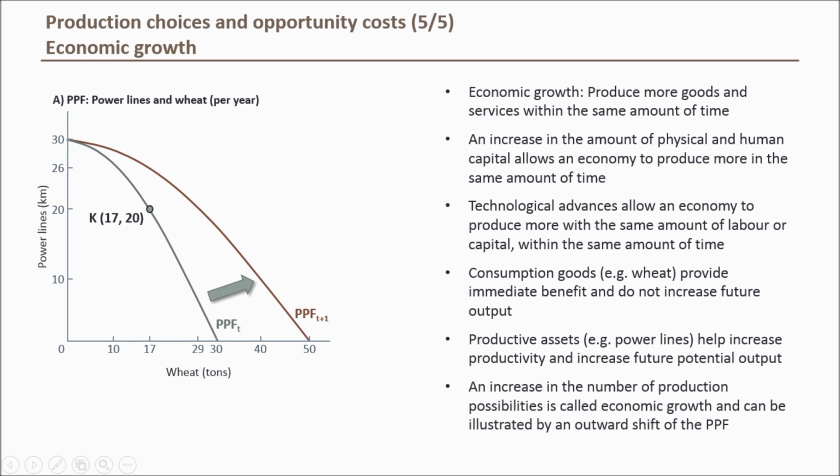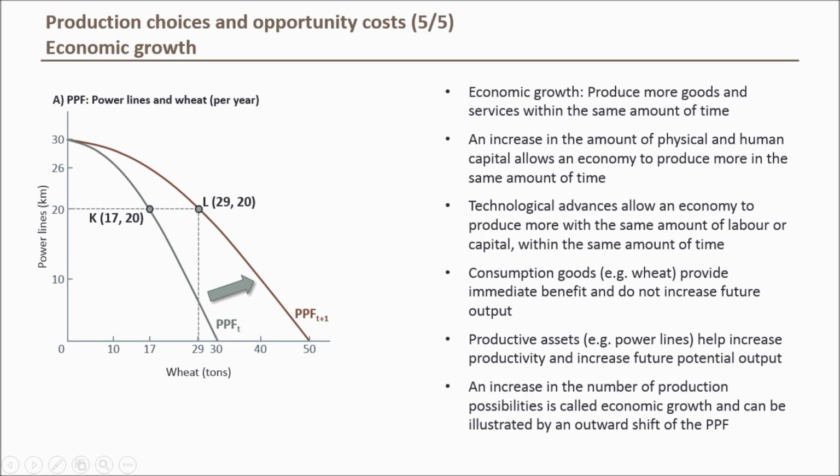If we assume that point K was the allocative efficient production point, we now can easily see that this is no longer the case. In fact, point K now lies within the PPF, which tells us it's not even production efficient. The economy can now produce more wheat, for instance at point L, without having to reduce the amount of power lines produced. We can continue producing 20 kilometers of power lines per year while increasing our wheat production from 17 tons to 29 tons.